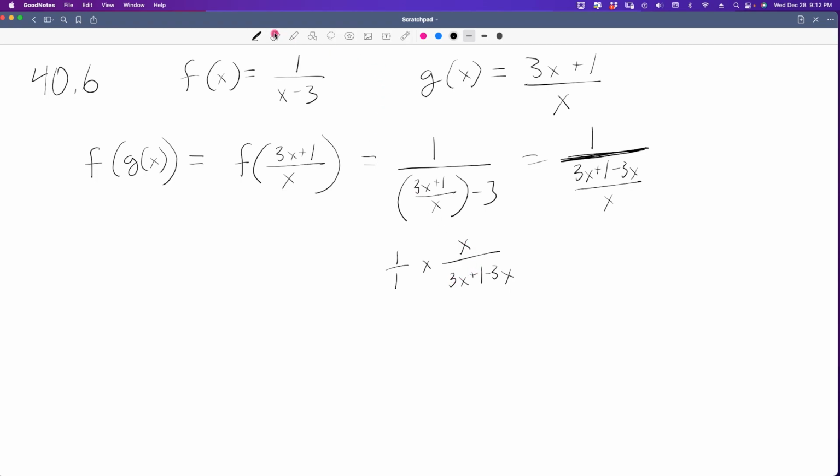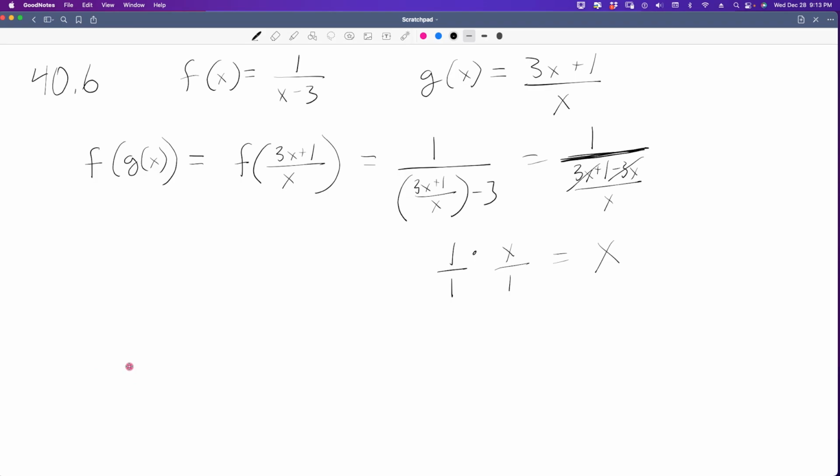Actually, let me back up a step. Before I do all of this, let me resolve this down here. So 3x plus 1 minus 3x, I should have seen this sooner. These two cancel each other out. So you just have 1 over x. So 1 times 1 over 1 times x over 1 just equals x. So that's our answer, it is x.